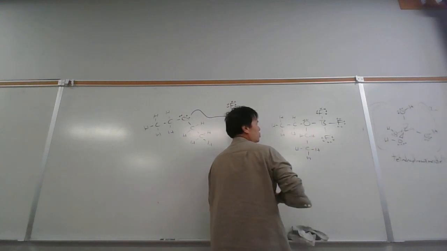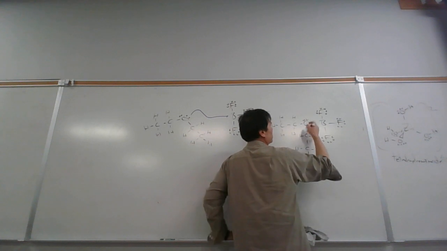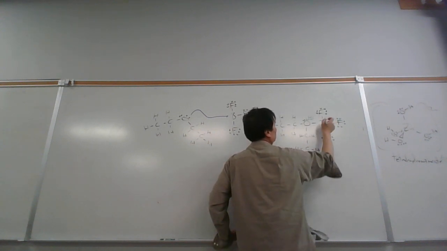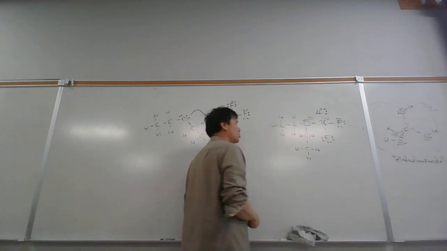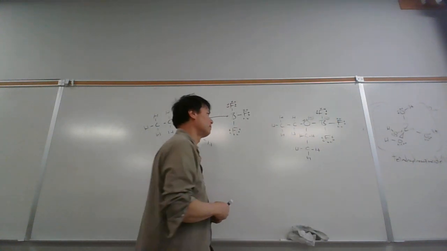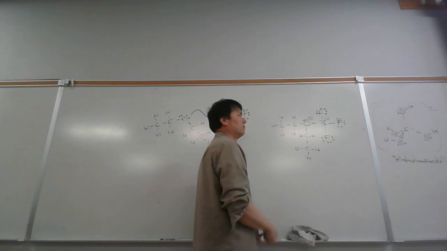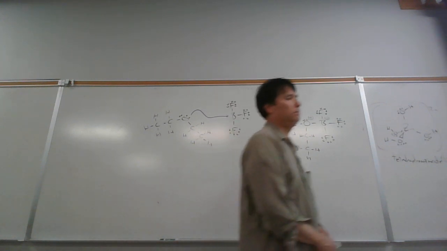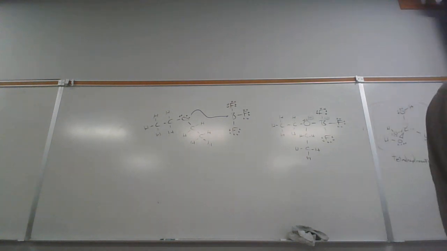There's going to be some formal charge here. Formal charge on oxygen is plus, and formal charge on boron is minus. This whole thing is neutral. This thing is called an adduct.